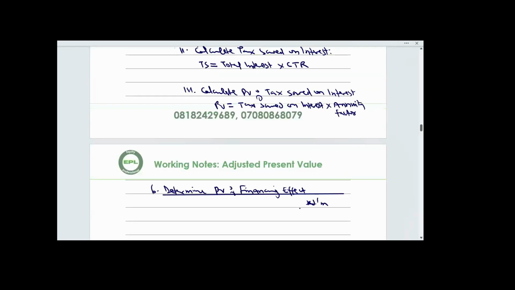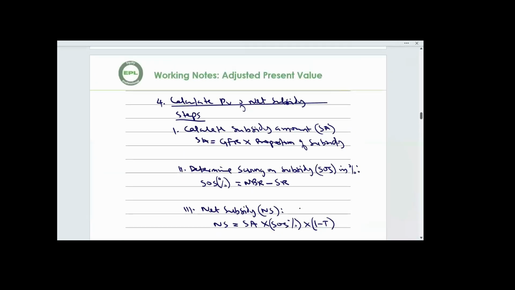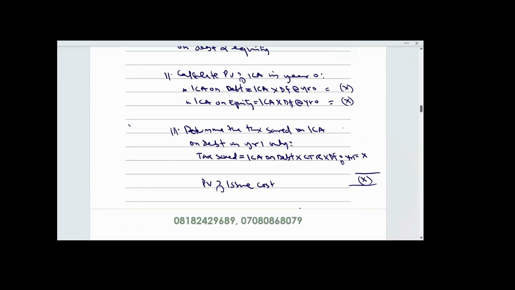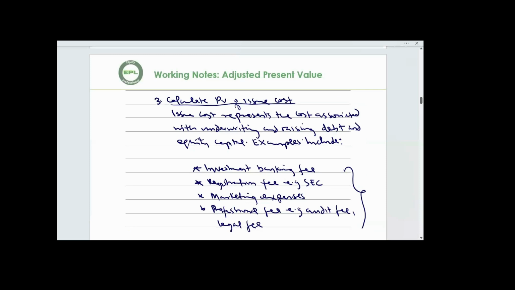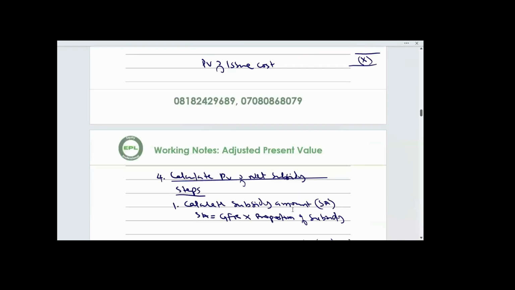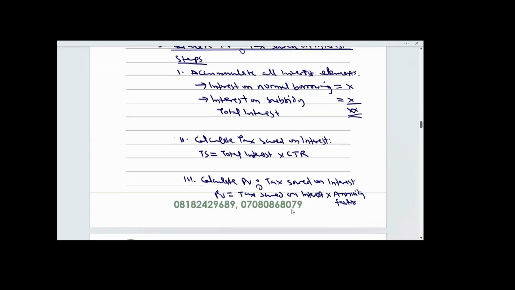So all the calculations that you have done in steps 3 to 5, you need to bring them down. The calculations you have done on the issue cost, net subsidy, and then tax saved, you need to bring them down here.